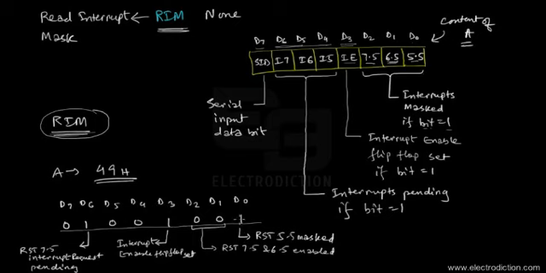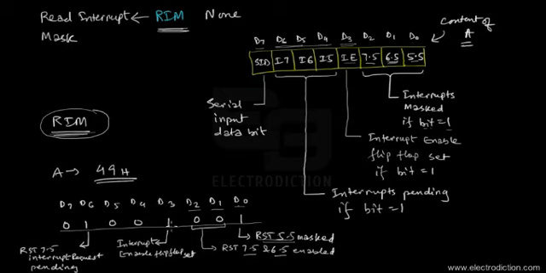Now for each of these bit levels set to logic 1 and logic 0, if we study them, we can get the following conclusions. Bit D0 is set to logic 1 level, which means the RST 5.5 interrupt line has been masked, and bits D2 and D1 both being set at logic 0 level means the 7.5 and 6.5 lines have been enabled.